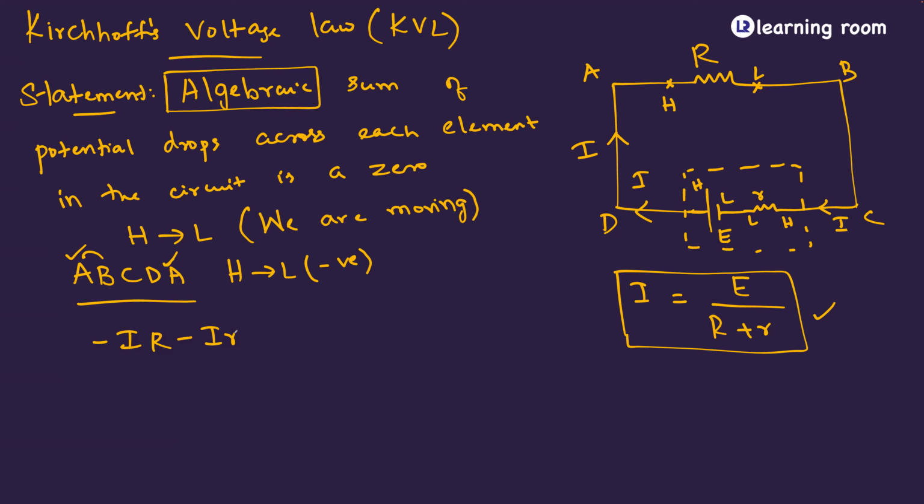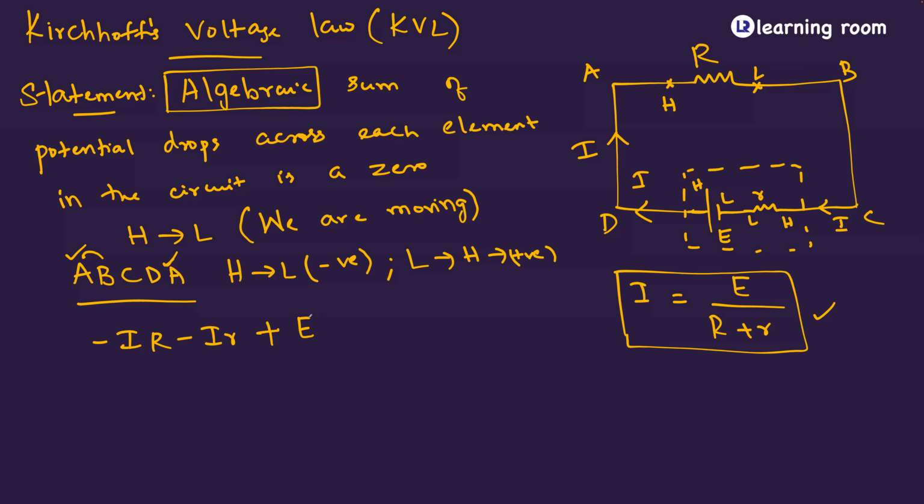Whereas across the cell, you're moving from lower to higher. Whenever you move from lower to higher, you gain energy. It is going to be positive, so plus E. When you talk about the battery, you write only the potential drop across it or the EMF across it. Whereas for a resistor, you need to multiply the resistance value with current so that becomes the potential difference.